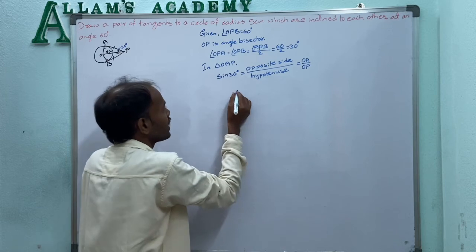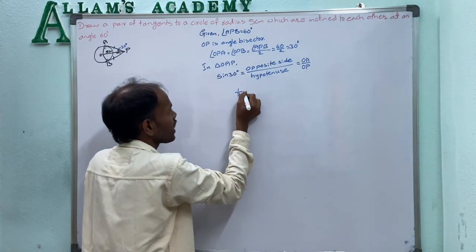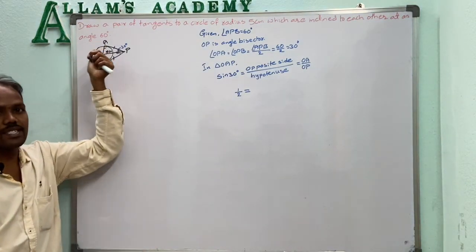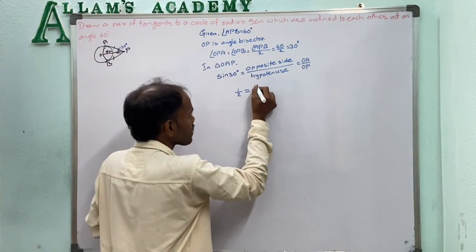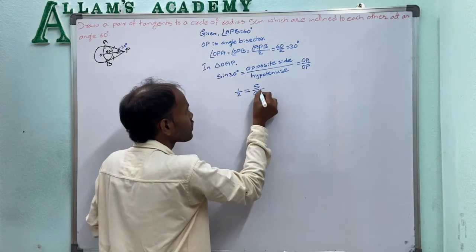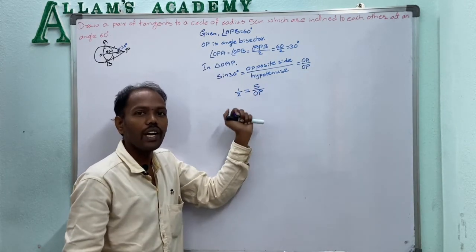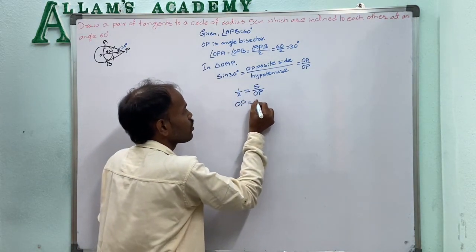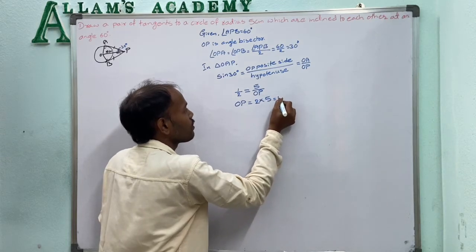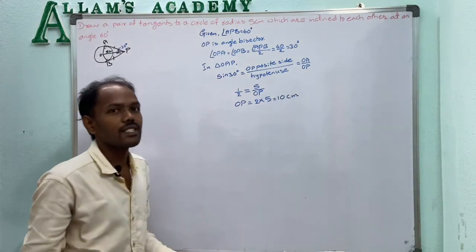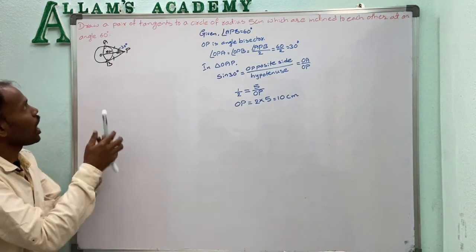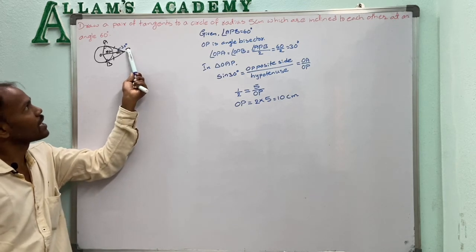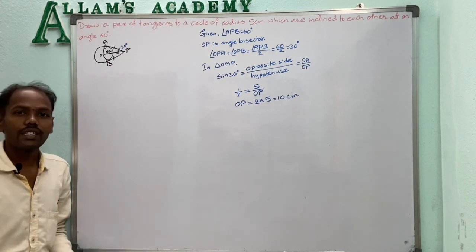Sine 30 is 1 by 2, equal to OA by OP, where OA is the radius of the circle, 5 centimeters. By cross multiplication, OP equals 2 into 5, that is 10 centimeters. So point P is 10 centimeters from the center, and from that point we want to draw the tangents.